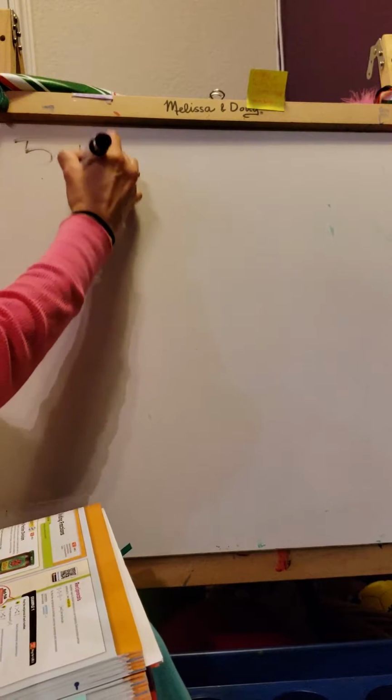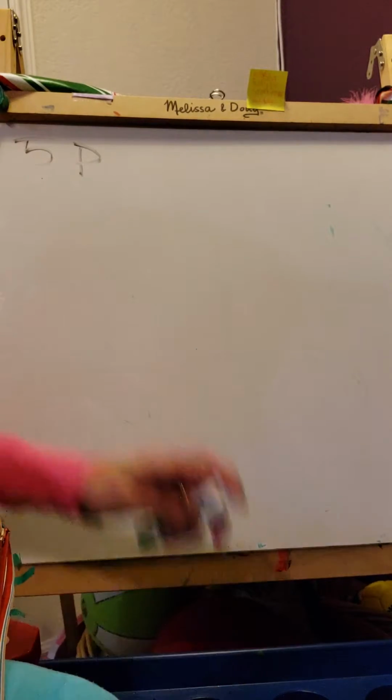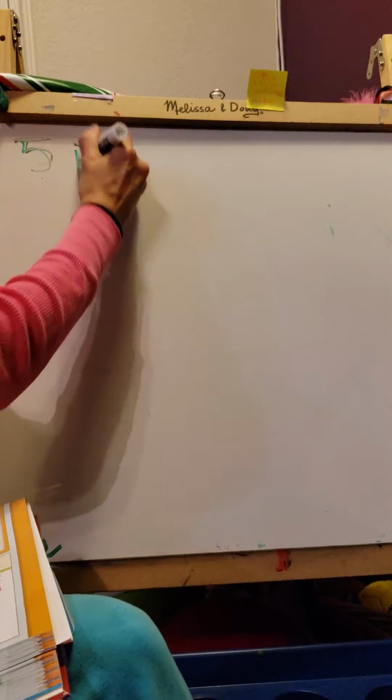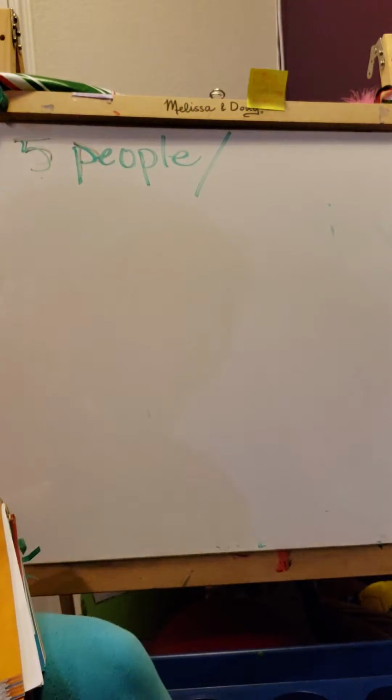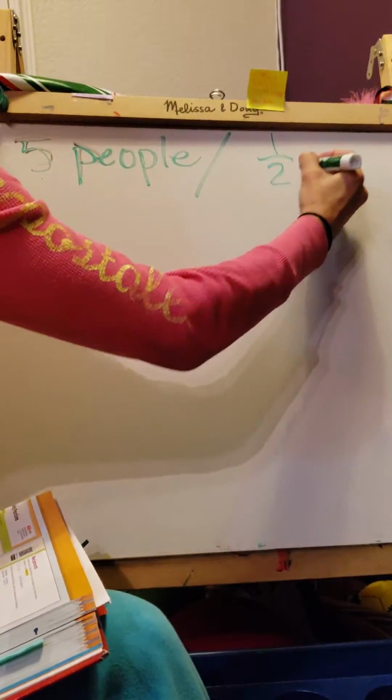We're going to do B on page 85, where it says 5 people share a 1/2 pound of cheese. So we have 5 people, and we have a half a pound of cheese.